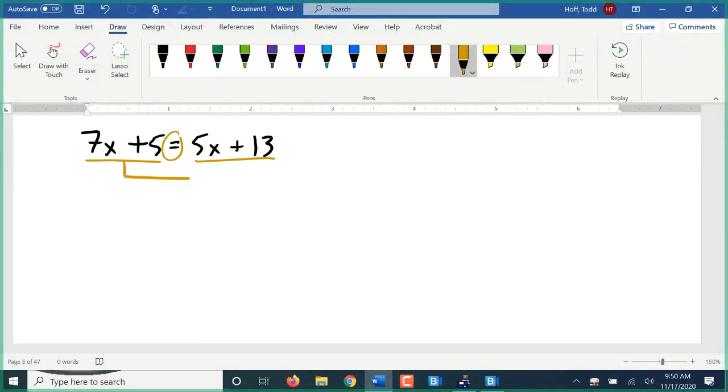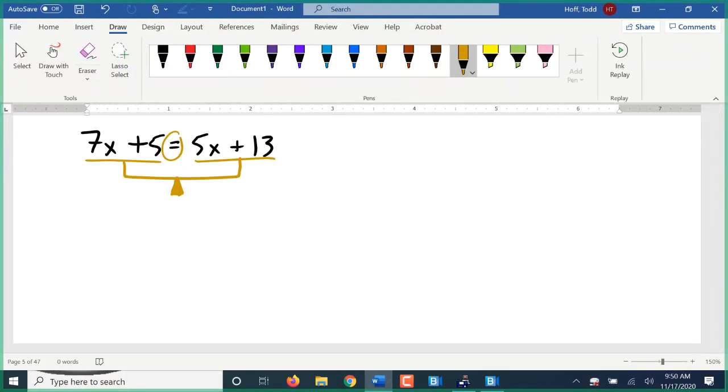Thinking of that balanced scale notion again, balancing around the equal sign, we cannot just push the 7x and the 5x together because they're on opposite sides of our scale. They're not with each other. If we try to just combine them and push them together, we're going to change how this scale balances.